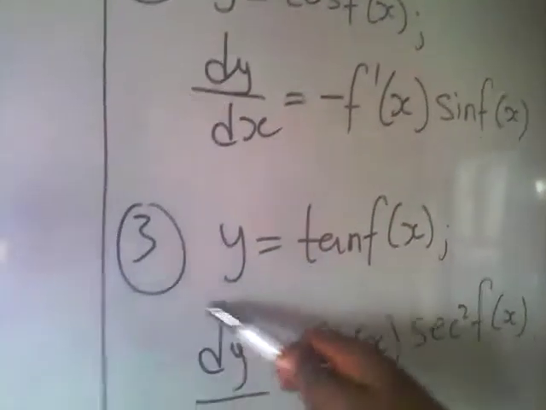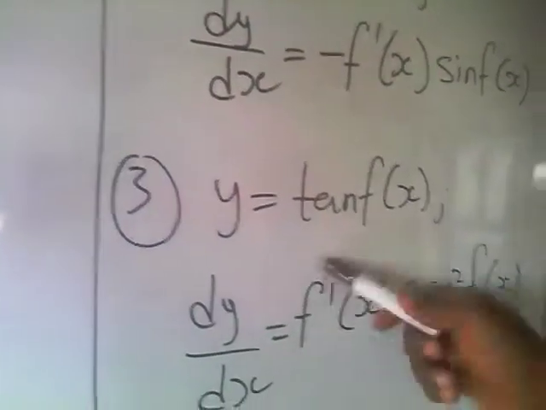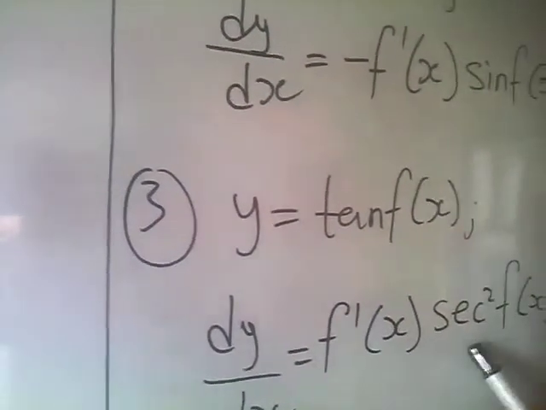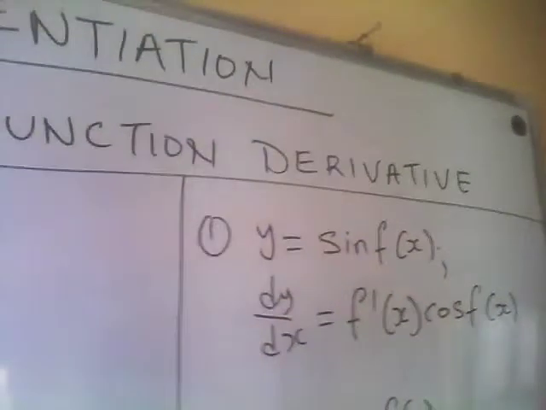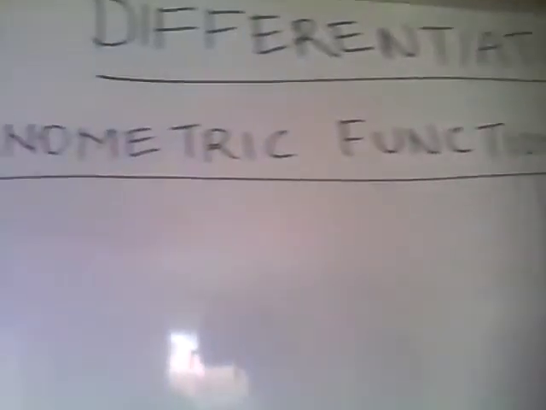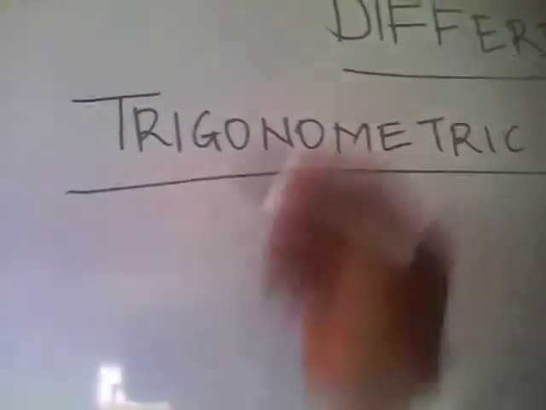Similarly, if y is equal to tan f of x, dy/dx will be equal to f prime of x sec squared f of x. So that is the summary of the trigonometric function derivatives, and we're going to apply them one by one for clarity.